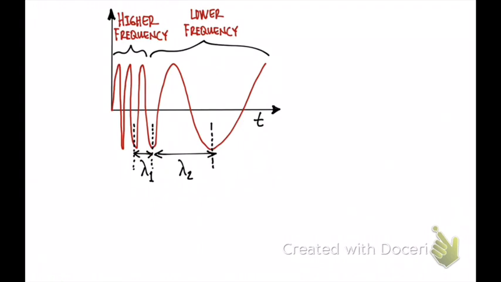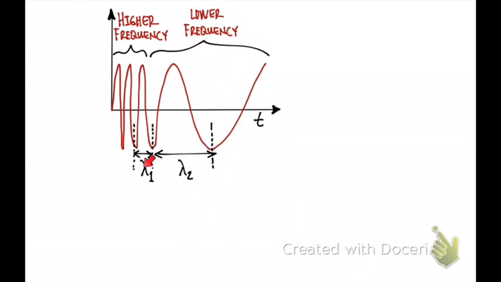That means that lambda 2 is a longer wavelength than lambda 1. And look at how lambda 2 is related to its frequency and lambda 1 to its frequency. You can see then that the longer the wavelength, the lower the frequency, and vice versa.